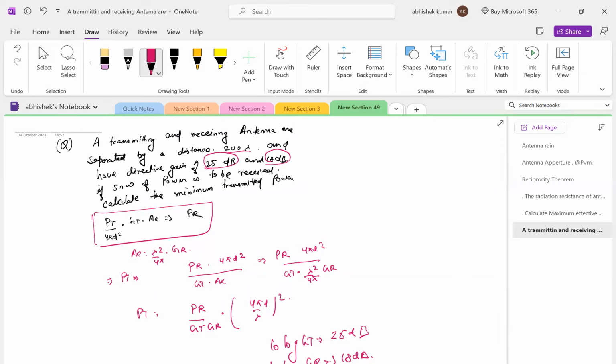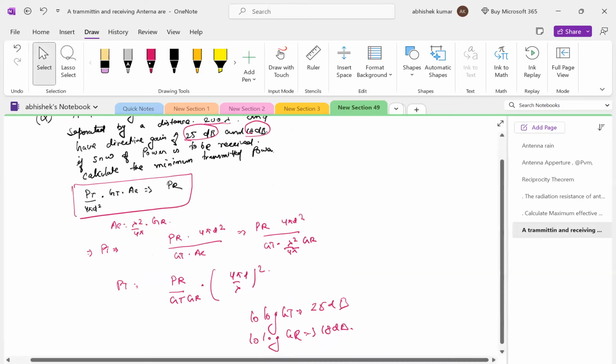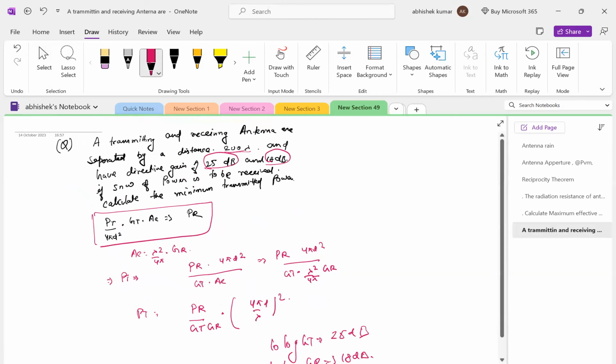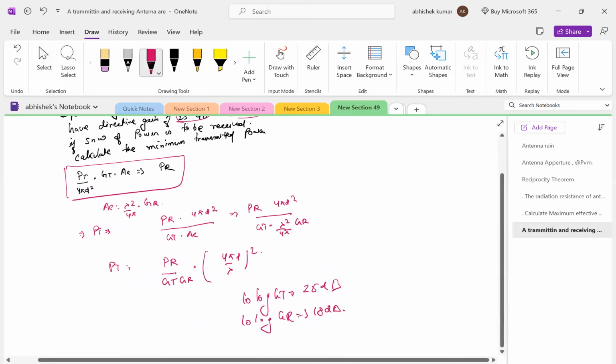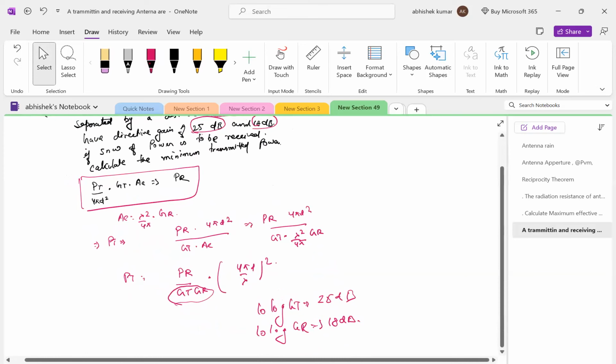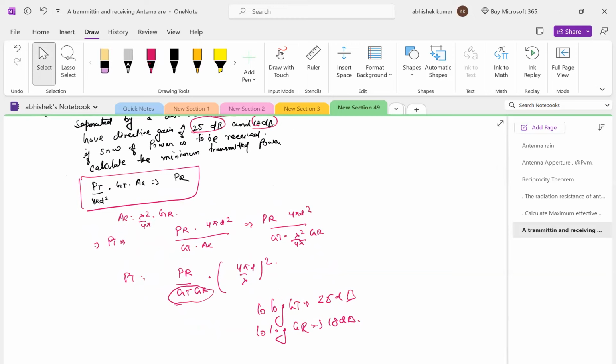How do we know which one is GT and which one is GR? There is no requirement for which one is GT. You can take it as GT and it as GR, because both are being multiplied. So there is no such thing.